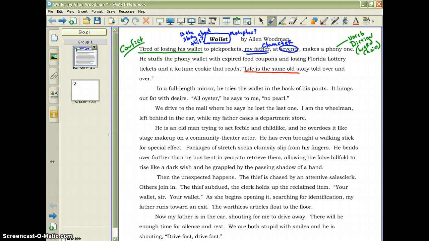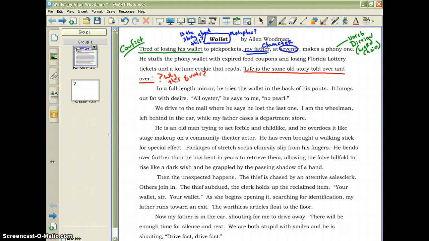So my first thing would be to put a little question mark next to that, and then just ask, well, why doesn't it just say he stuffed his wallet full of food coupons, lottery tickets, and a fortune cookie? Why in the world would you put the fortune cookie in there? There must be something important about that. Life is the same old story told over and over. Okay, so maybe when we finish, we can go back, look at our annotations, and try and answer that.